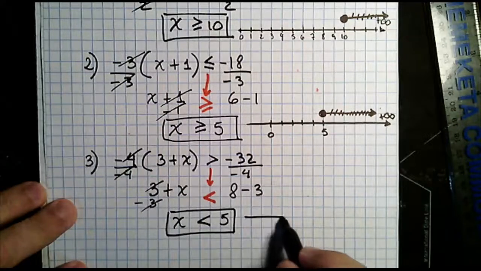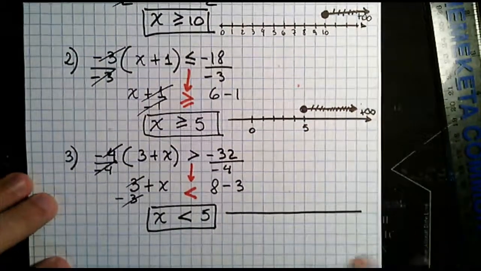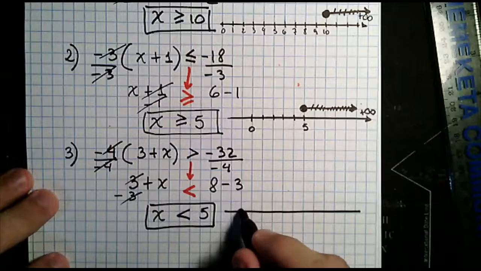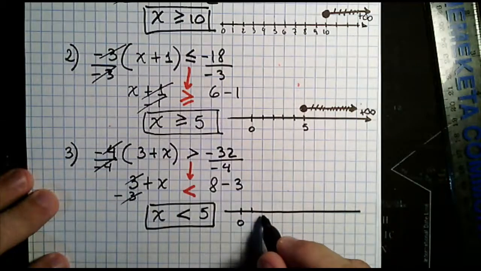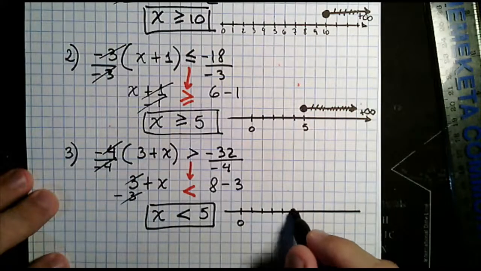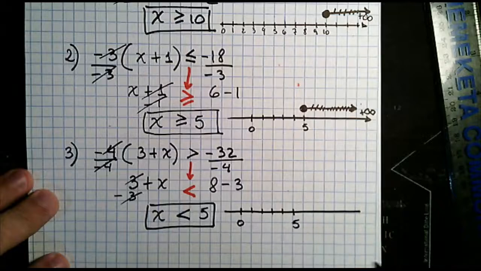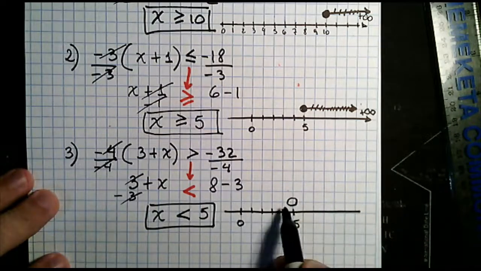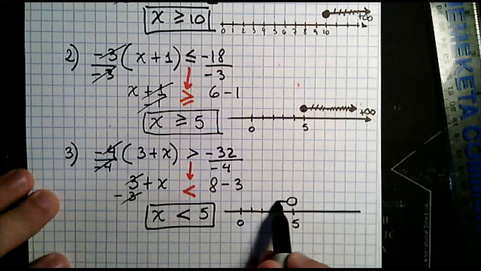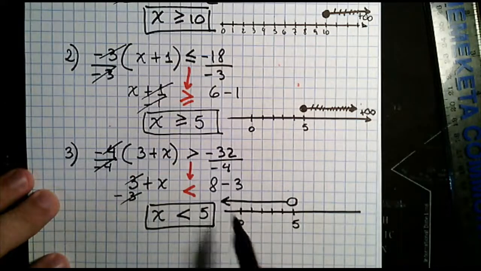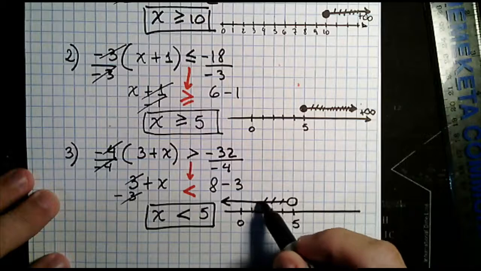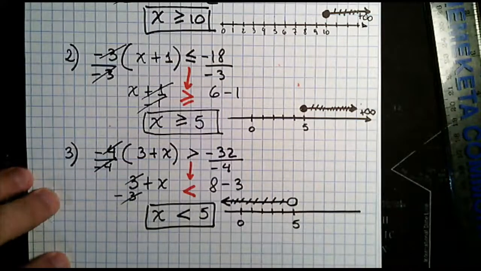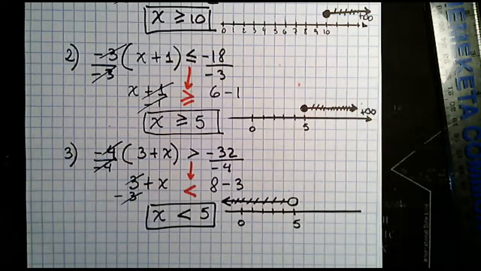If I draw my line here, this is going to be my 0, 1, 2, 3, 4, 5. In this situation, I am not going to take 5, so I will open this circle and run in the other direction. So all the values connected with this one are going to be in the other direction.